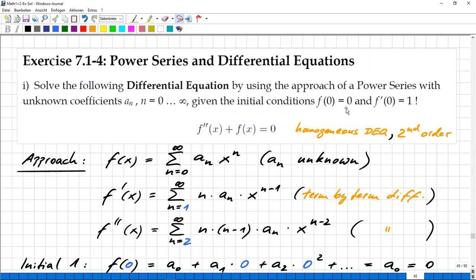You can imagine what this means graphically. The graph of our function, first of all, must contain the origin. That's all it says: the function at x equals 0 is 0. Also, this means that the tangent at this position has a slope of 1.